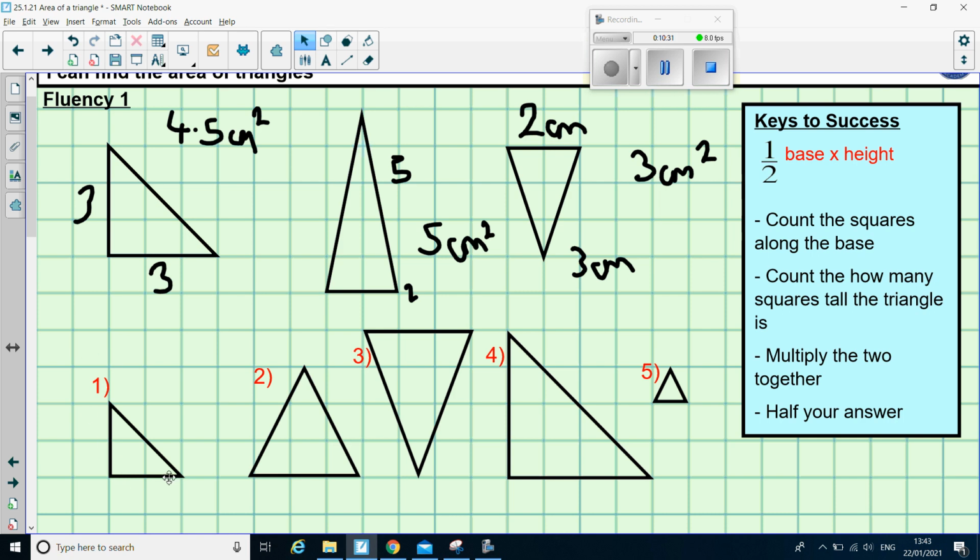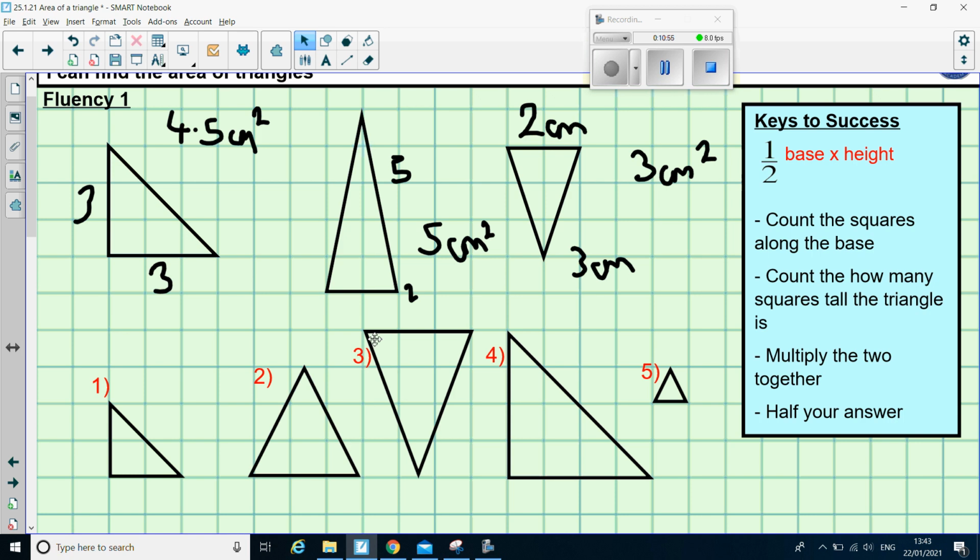So for number 1, the base was 2, the height was 2, 2 times 2 is 4, half it, the answer was 2 centimetres squared. Question 2, the base was 3, the height was 3, so 3 times 3 is 9, half it, the answer I was looking for was 4.5 centimetres squared.